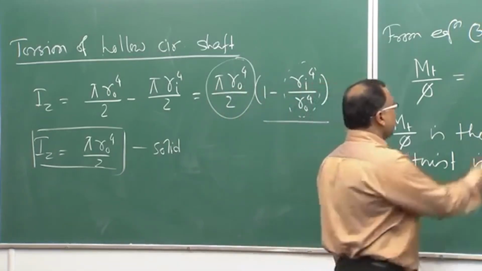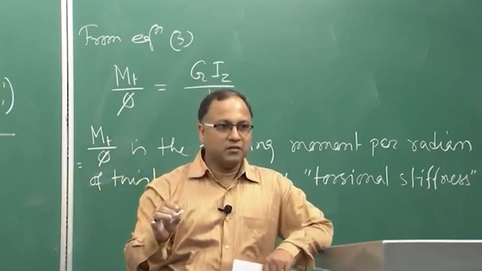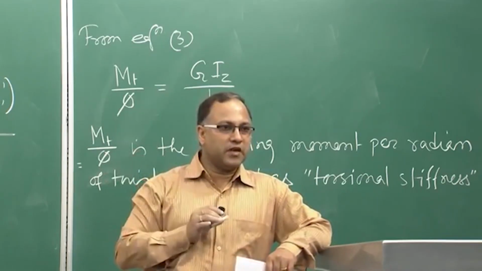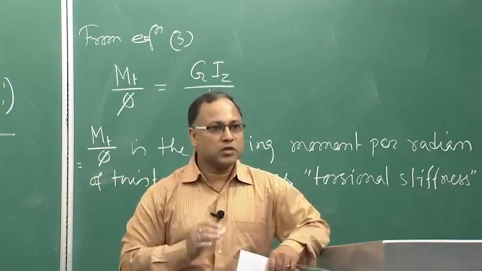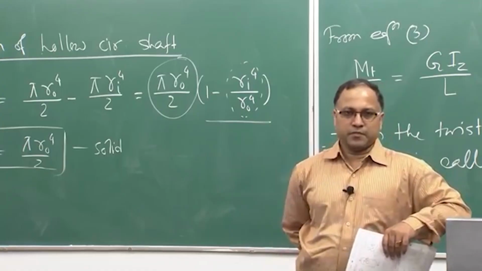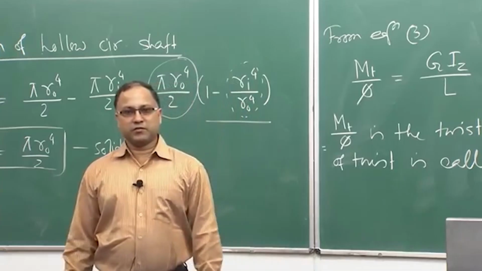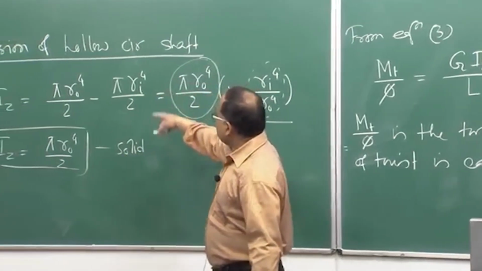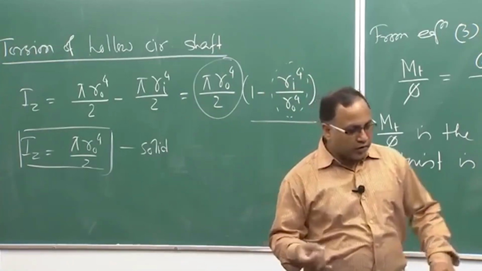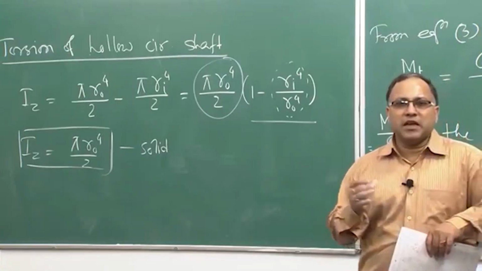If you are dealing with the same material, say one solid circular shaft made of steel and one hollow circular shaft also made of steel, then your G, the shear modulus, is the same for both shafts. And if you consider the same length of the shaft, then L is also the same for both. After this analysis, you get the idea that your polar moment of inertia is not affected much.